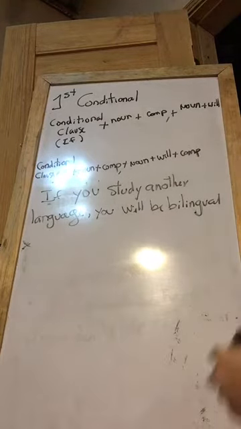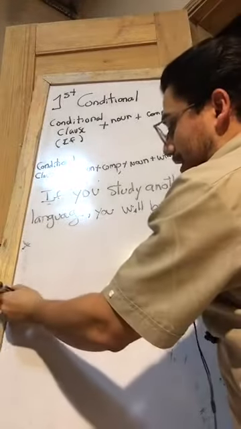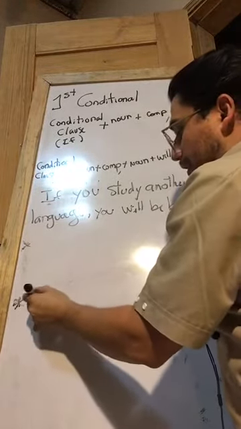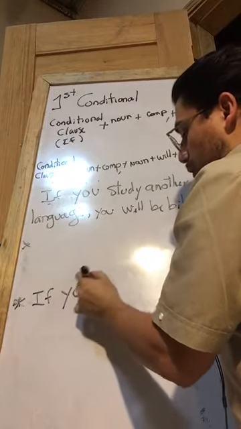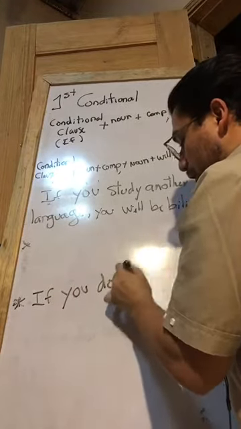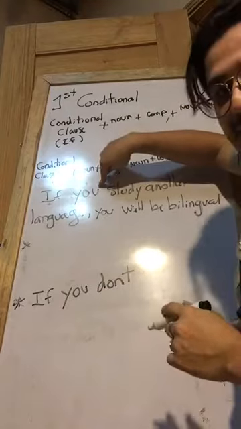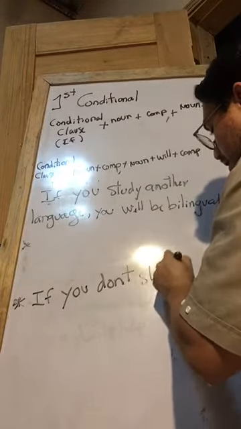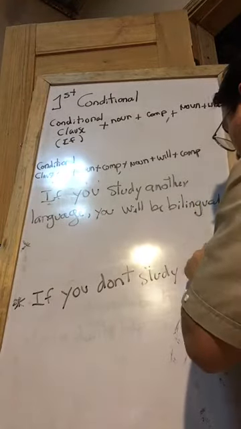Now let's make the negative form of this so you can have an example. You have if you don't, because we have it positive in here, now we have to make it negative. Study another language.